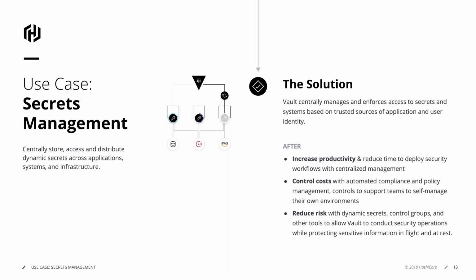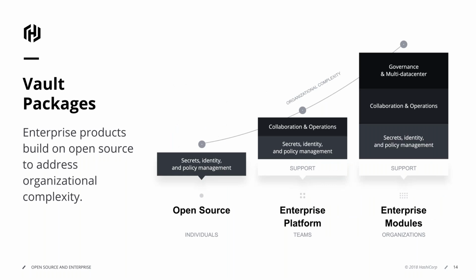I just wanted to chat about how Vault is packaged too. Vault is an open source project up on GitHub, but it also has enterprise features. A lot of folks will start on the journey of trying out open source, and then all of a sudden they realize, especially if you're an enterprise customer, hey, we'd like support, and we also want a lot of the enterprise features like high availability and disaster recovery and additional policy type stuff.